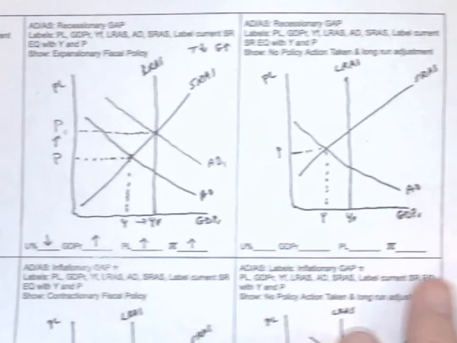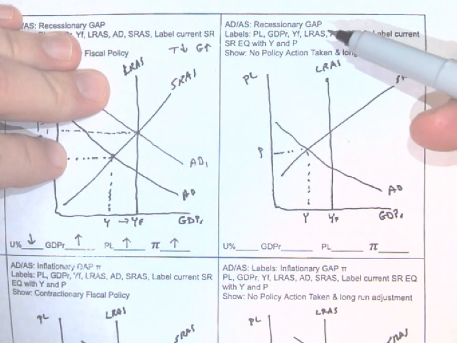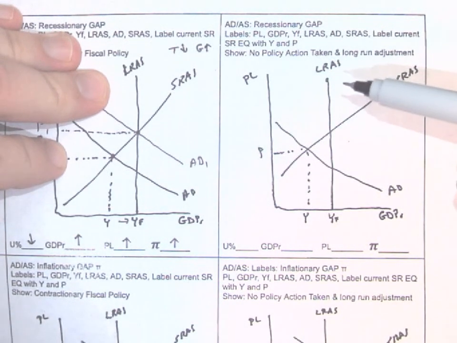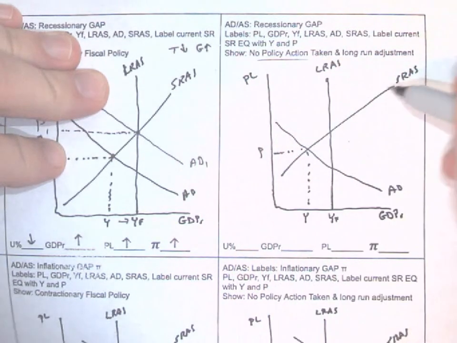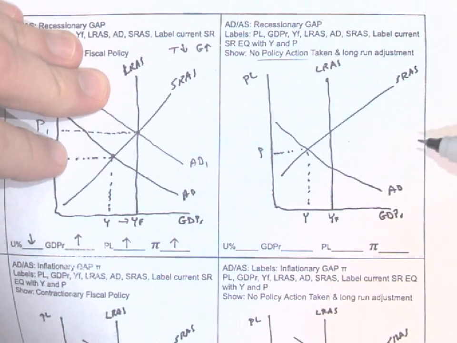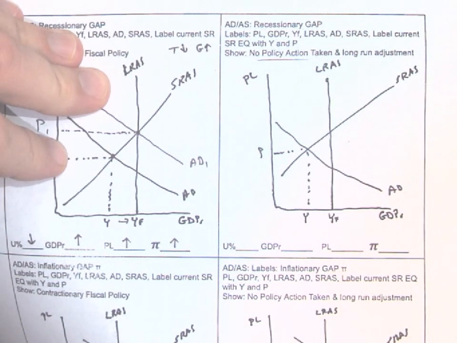Now let's go to the other idea of long-run self-adjustment. So if there's a recessionary gap, there's unemployment, and no policy action is taken. The long-run adjustment is that with people not working, they're not going to be buying as much.